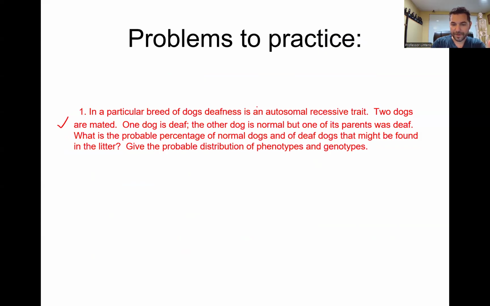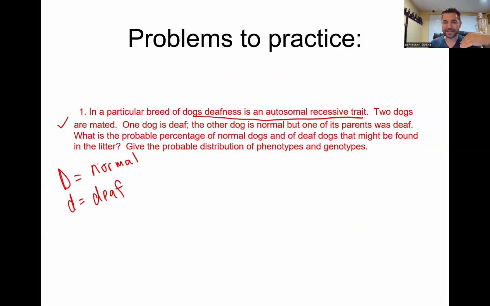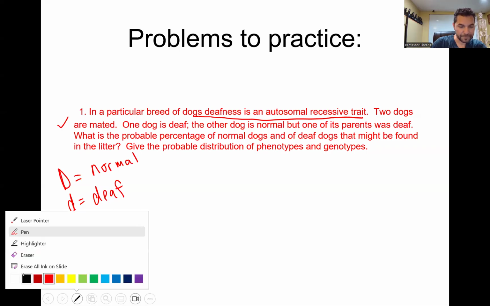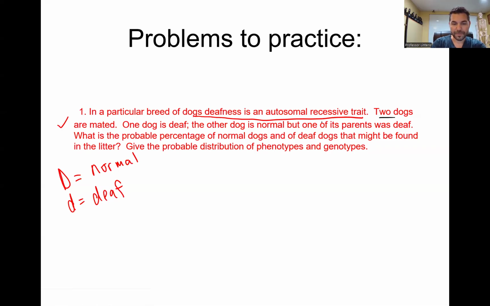In a particular breed of dogs, deafness is an autosomal recessive trait. Autosomal recessive, deafness. So I put the big D, normal, little d, deaf. Pretty straightforward. Now, two dogs are mated. Cool. One dog is deaf.